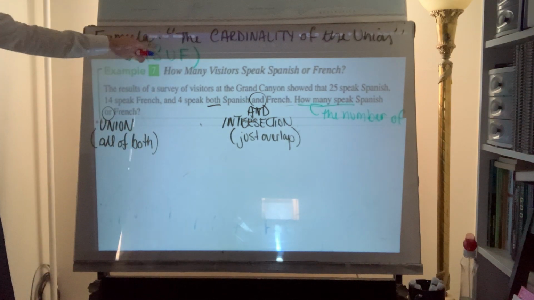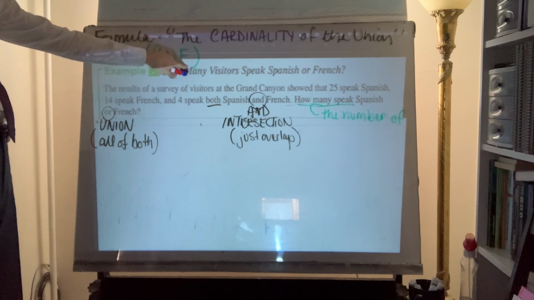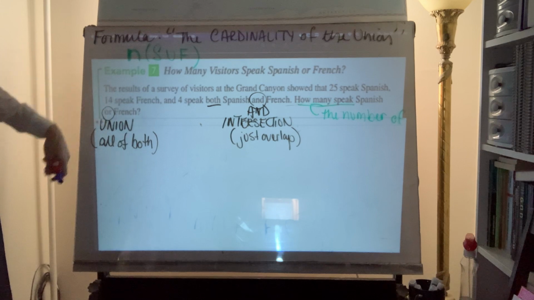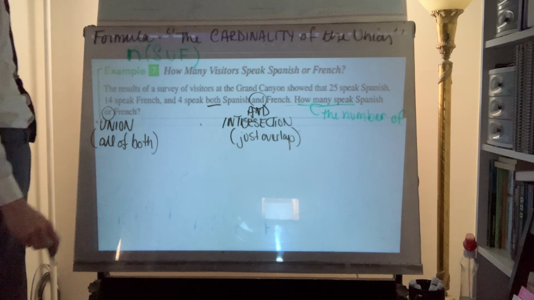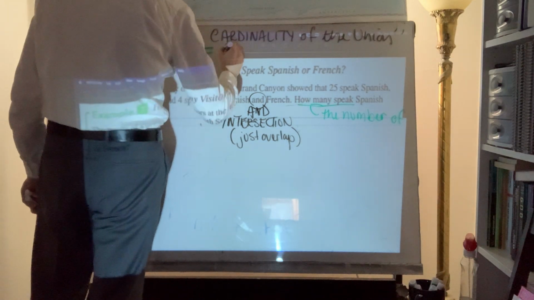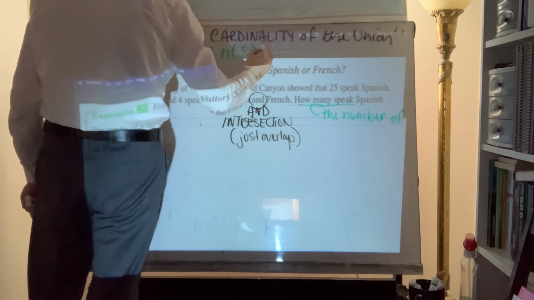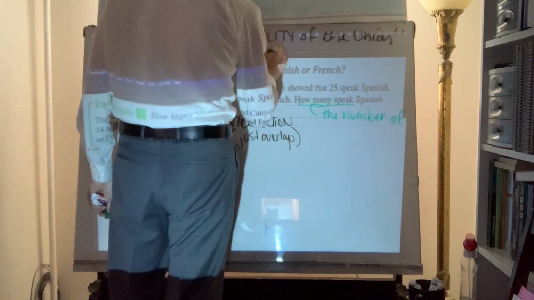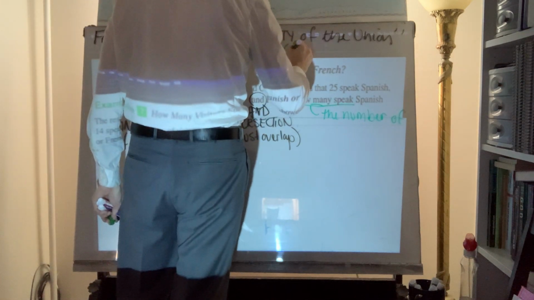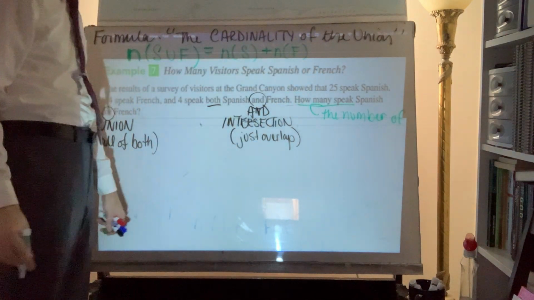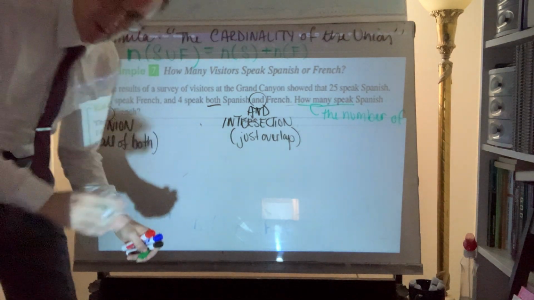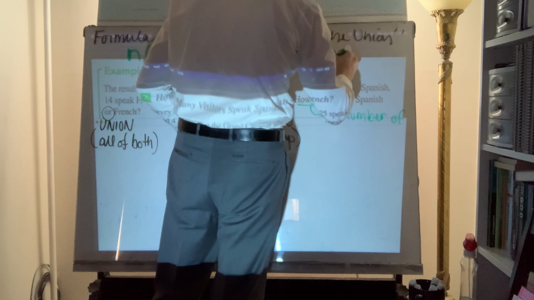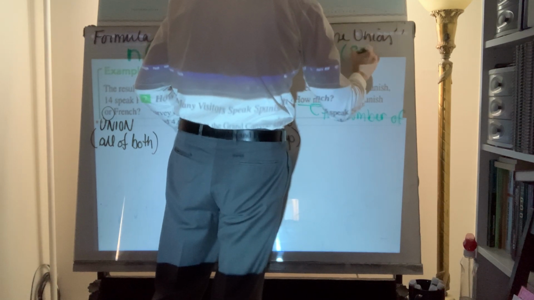The number in the union of Spanish and French speakers equals the number that are simply Spanish speaking people, plus, logically, the number that are French speaking people, and then just to make sure that we don't cover our own tracks here, we subtract out the number that is in their intersection.